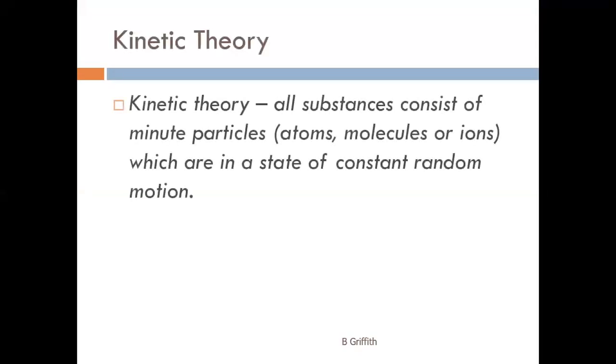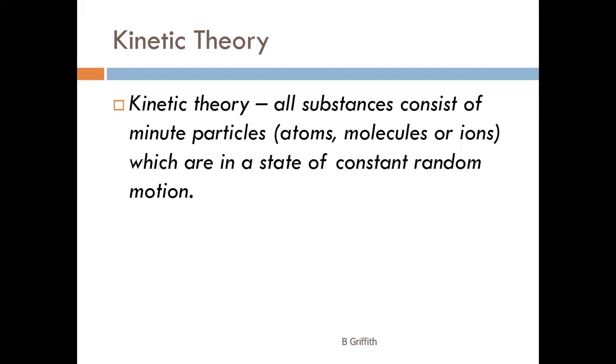So what is kinetic theory? Kinetic theory looks at all substances. The definition really, or the understanding of the theory, is that all substances consist of minute particles, and these particles can be any of the ones that we've become familiar with, your atoms, molecules, or ions, which are in a state of constant random motion.